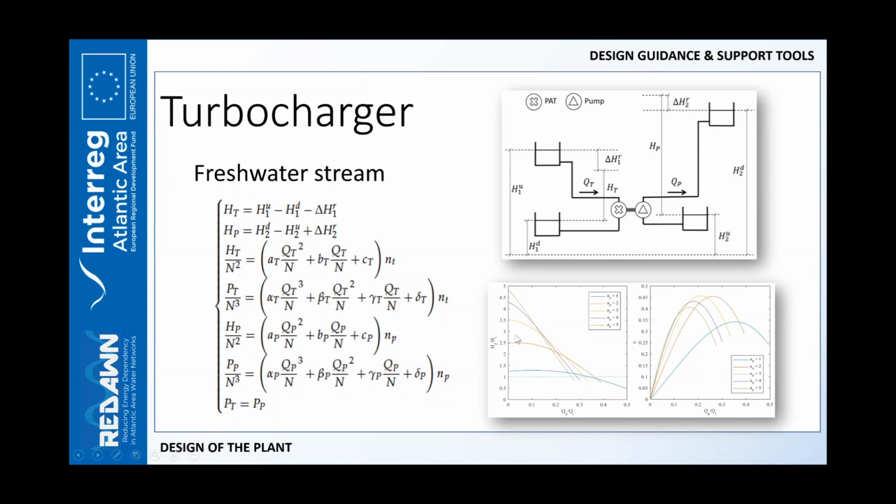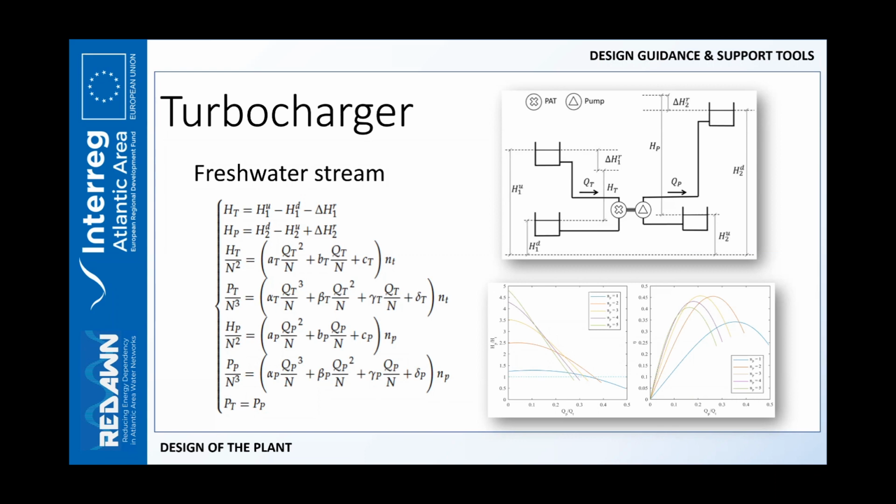So basically, these results tell us that the lower the pumped discharge, the higher the pumping head. But using these equations as design tools, I mean, to choose the right pump and the right turbine to be coupled to design a turbocharger to be inserted in a network, can be very difficult.